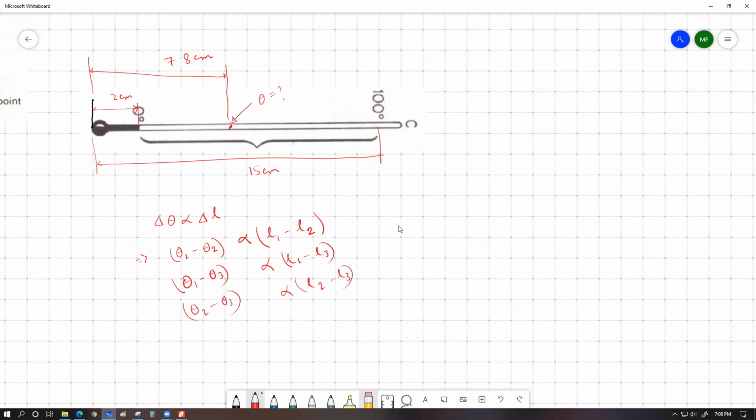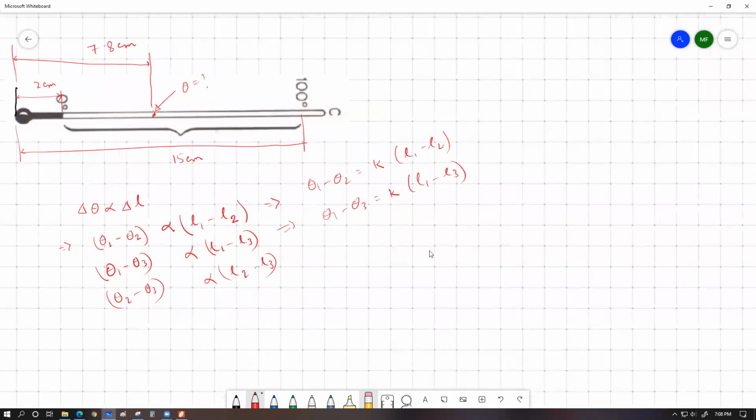And the beauty of proportionality is that if I want to convert this into an equation, I can write that theta 1 minus theta 2 equals a constant k into L1 minus L2. For the second equation, I can write theta 1 minus theta 3 equals that same proportionality constant k multiplied by L1 minus L3. And same goes for the third one as well.